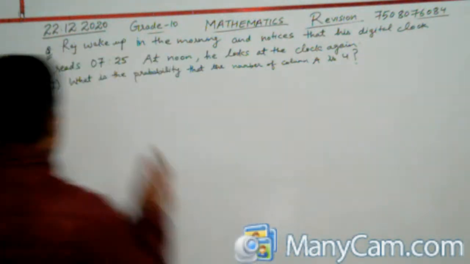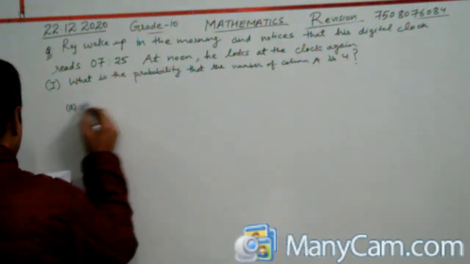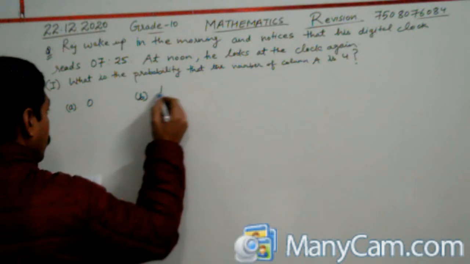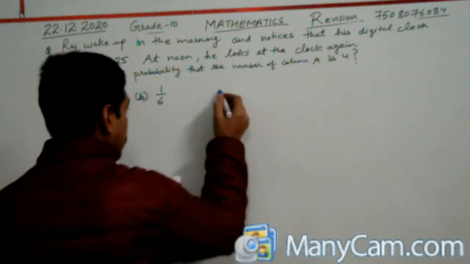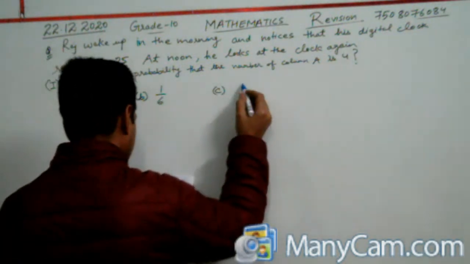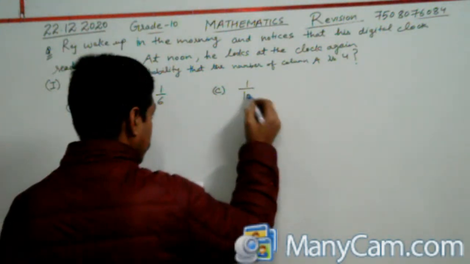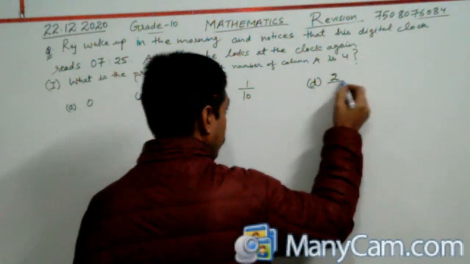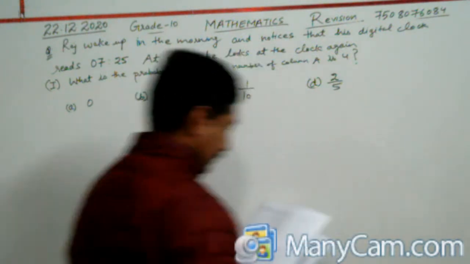A part 0, B part 1 by 6, C part 1 by 10, and D part 2 by 3, right?